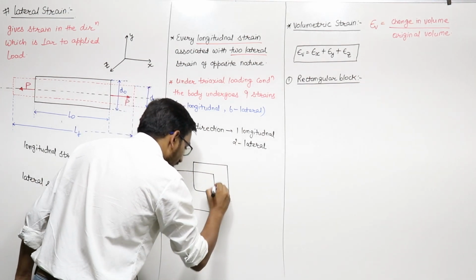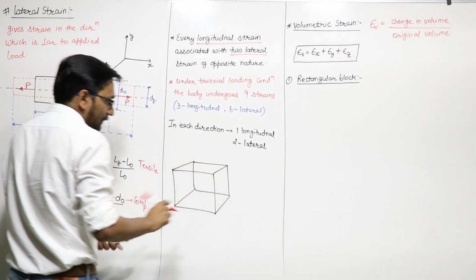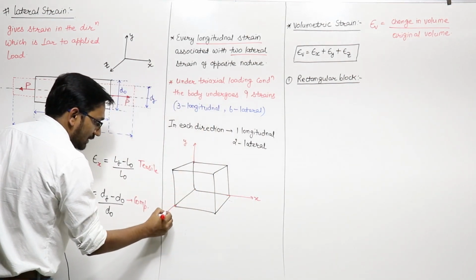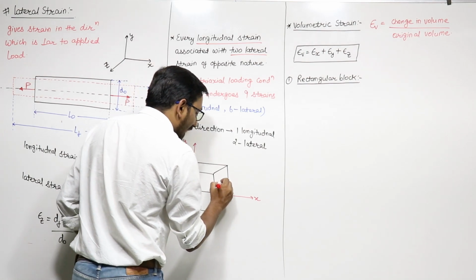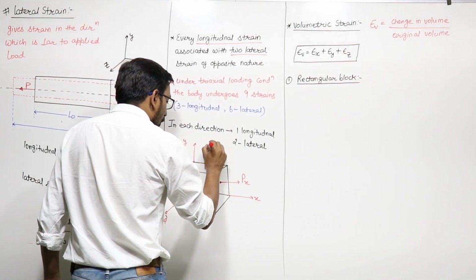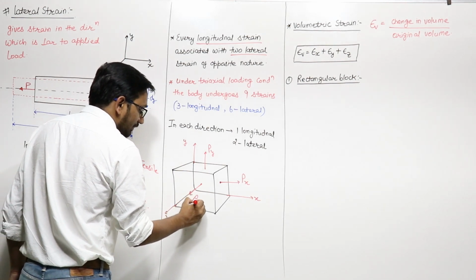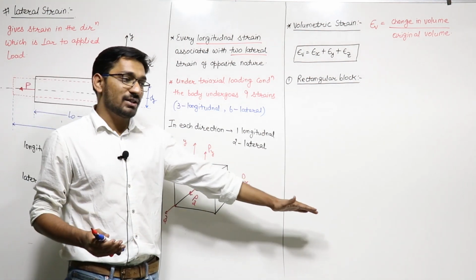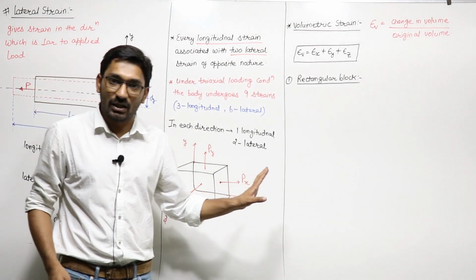We have three axes, x, y and z, right? In x-axis, let us say we have a tensile load, that is px. In y direction we have a load py, and in z axis we have an axial load, that is pz. Because of px, in the x direction we have longitudinal strain, and in the y and z direction we have lateral strain.